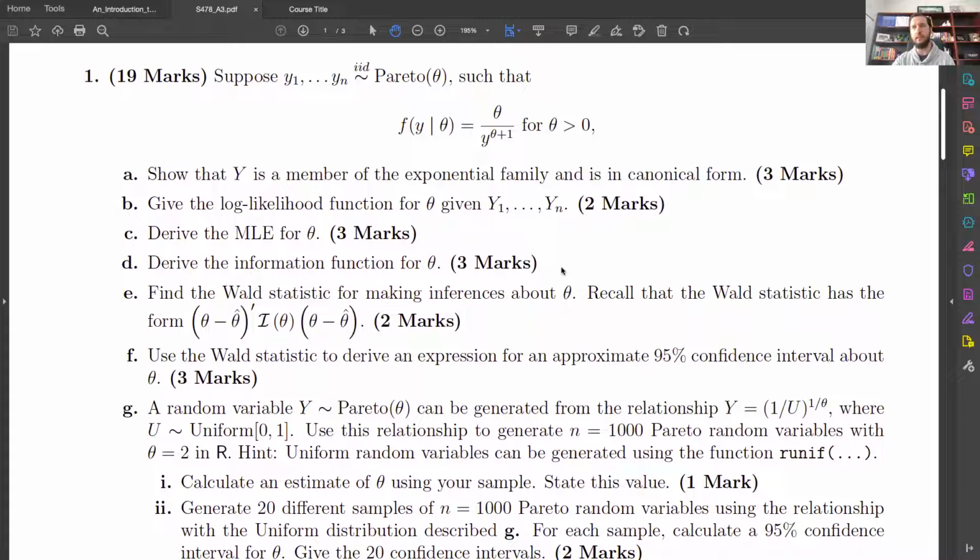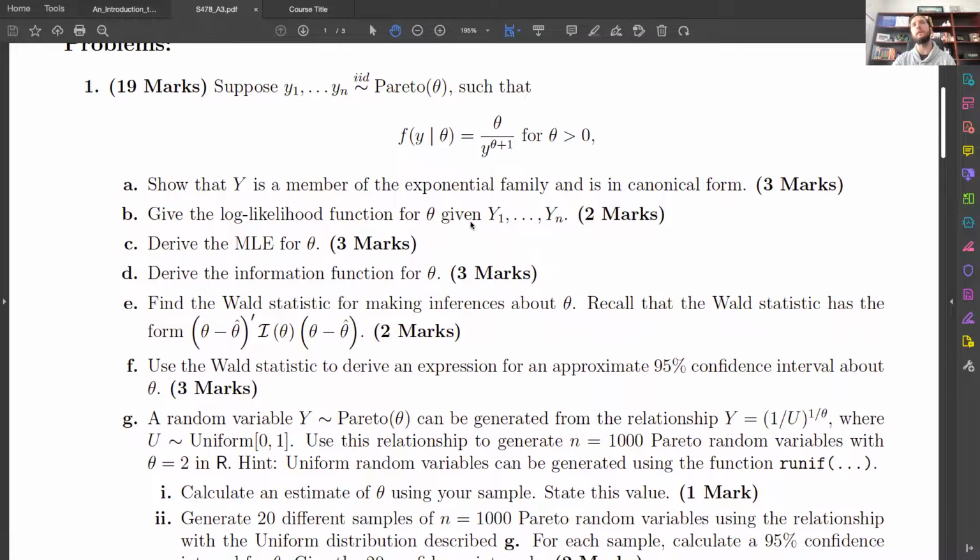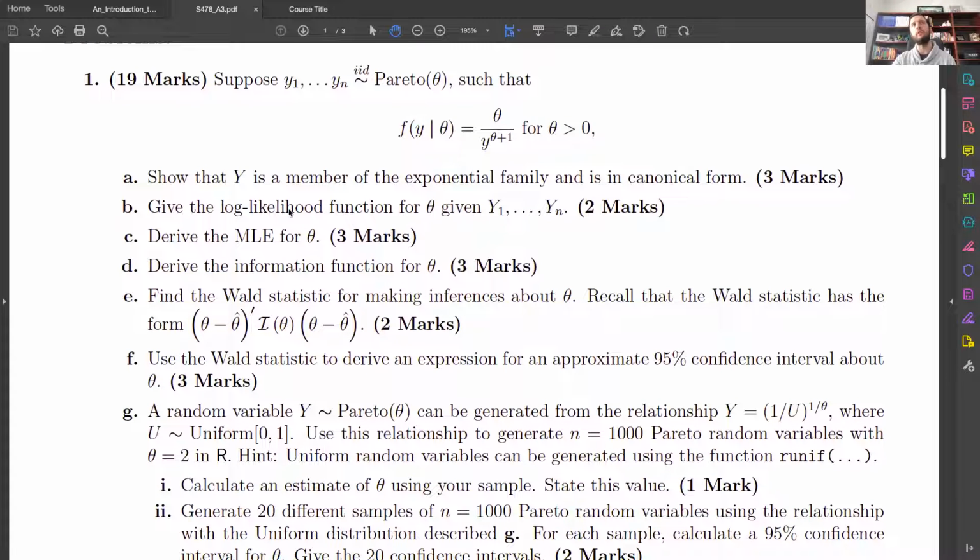We've actually seen examples like this on assignment number 2. So we did similar style problems for the gamma distribution. Remember that when you're doing these questions, when you have a random variable that's in exponential form, you don't need to use the definition of the likelihood and the definition of the information function to get those quantities.